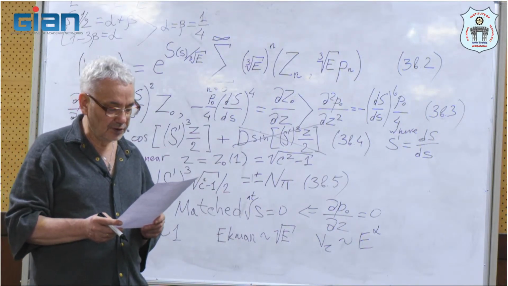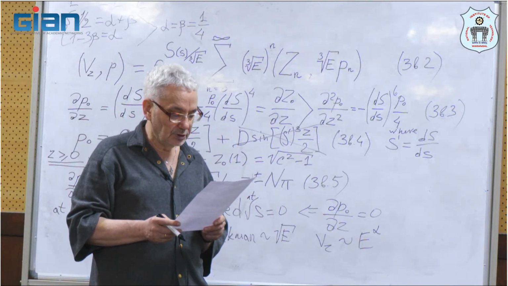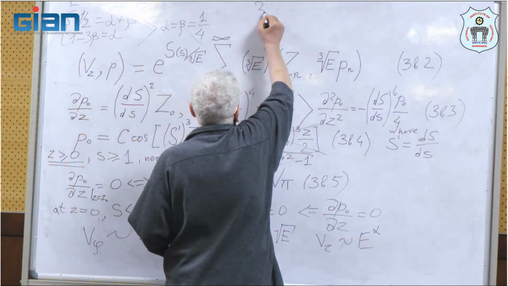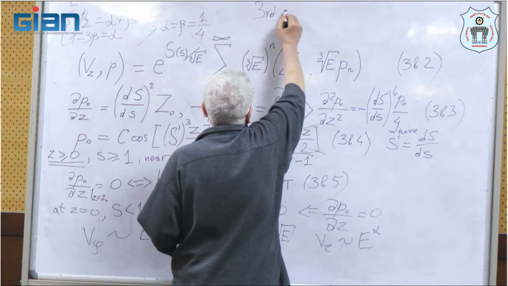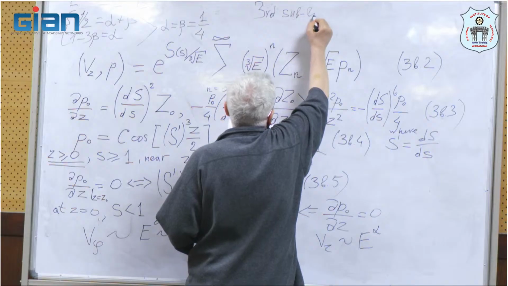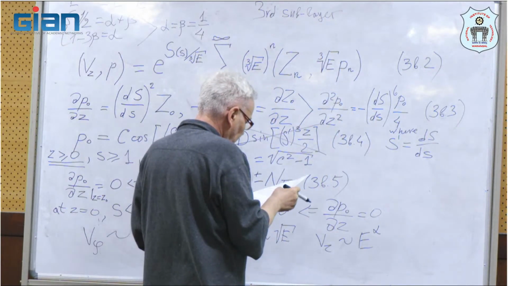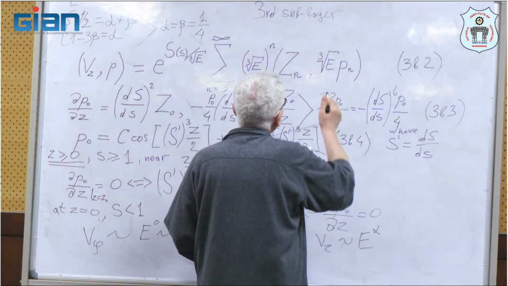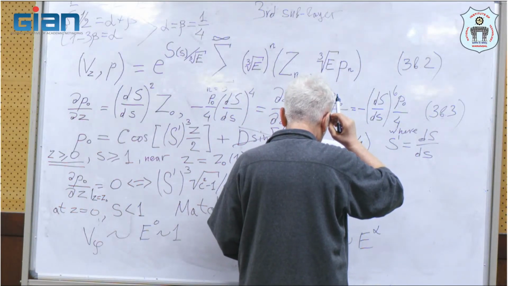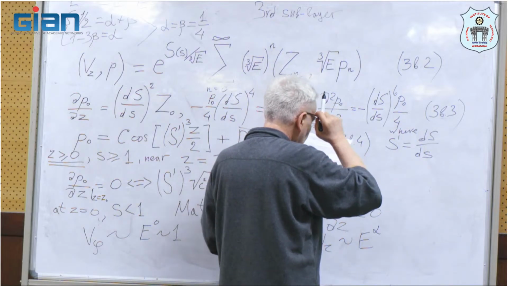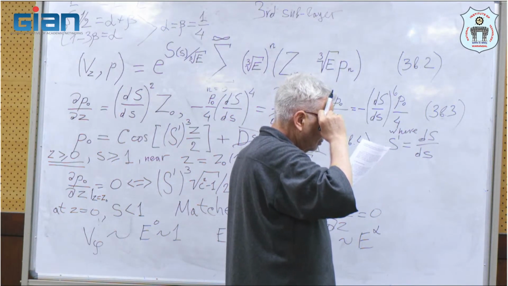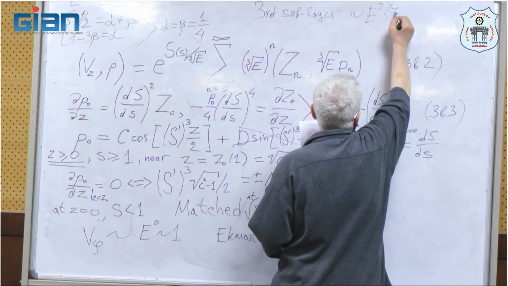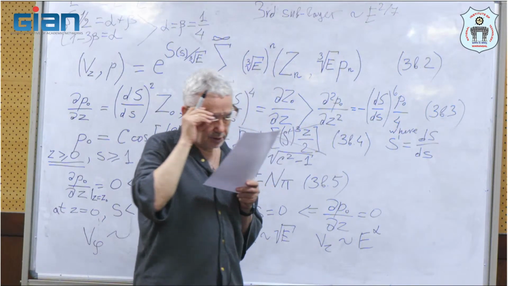Therefore, a third sublayer, which is internal with respect to the main sublayer, is needed, and it finally has the thickness E to the 2/7. Okay, it's from a similar configuration.